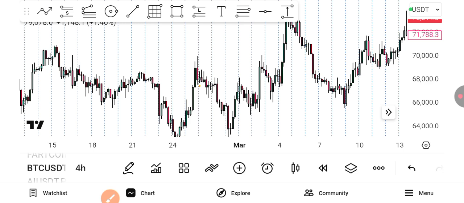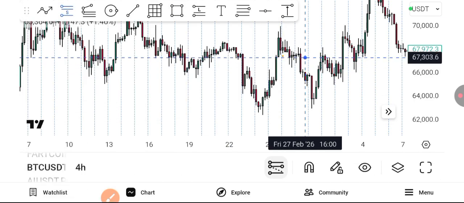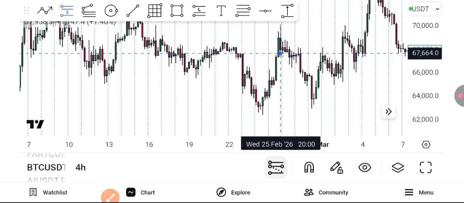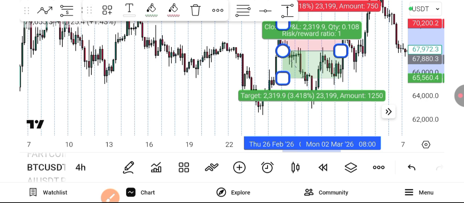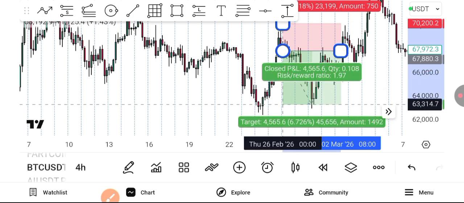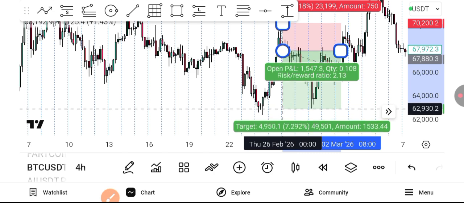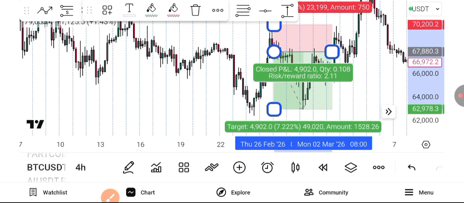We get our tool. For this one, I said earlier, we have to use the short position to place it at the end of the candle. So you just have to come here and place it at the next level using a limit order, and you target 1:5 or 1:3. It depends. And you drag it forward.